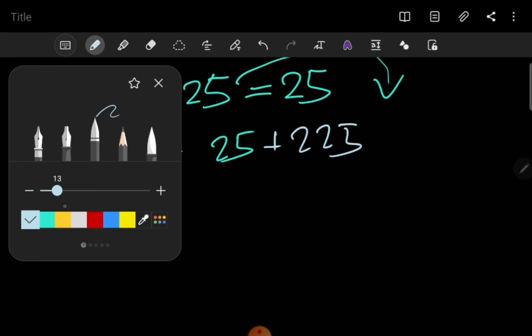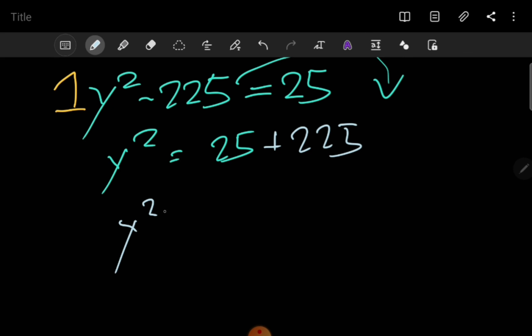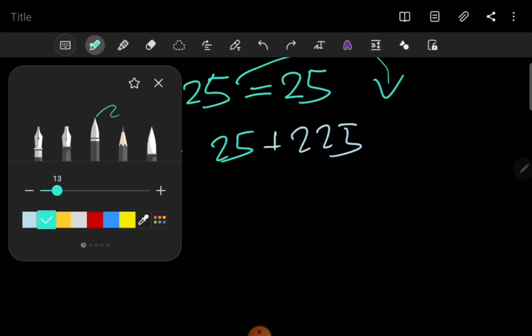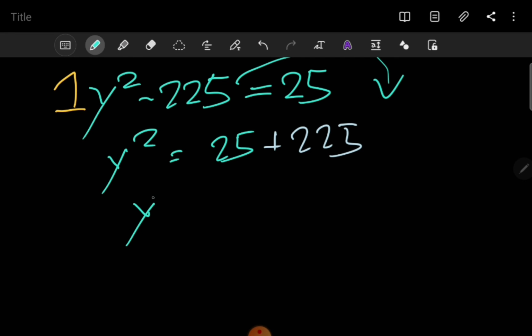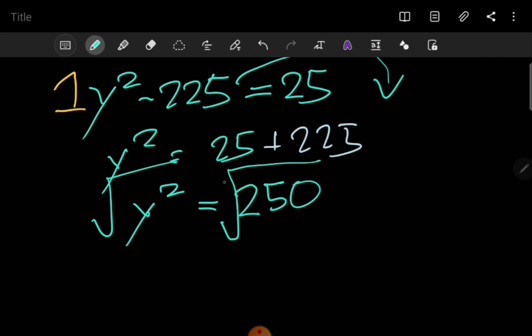Now, y squared, 25 plus 225, that is equal to 250. Square root both sides, so y equals positive or negative the square root of 250. 250 is actually 25 times 10.